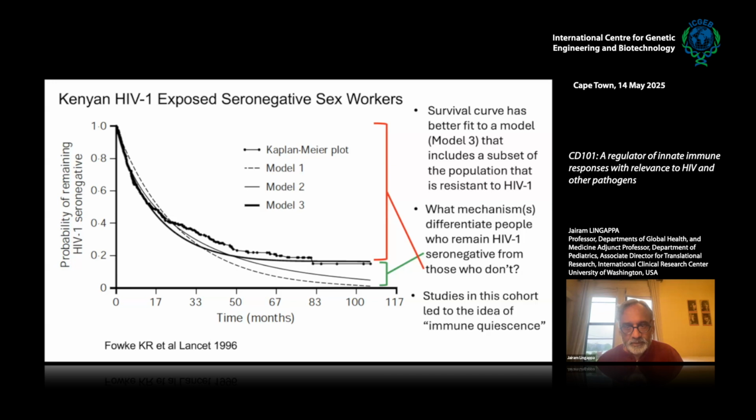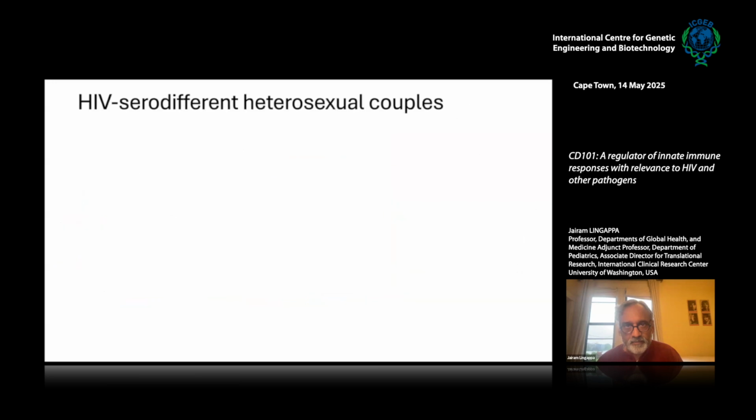But these immunologic studies did lead to the idea of immune quiescence, the idea that something in the system is quieting the system's responsiveness, and thereby making it less likely to get infected by HIV. But what that mechanism is and how we can use that to protect other individuals has still yet to be fully explained.